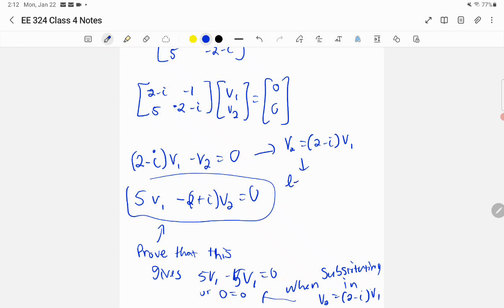I'm going to let v2 equal 1, because that's going to make my life easier. This implies that v1 is equal to 1 over 2 minus i.